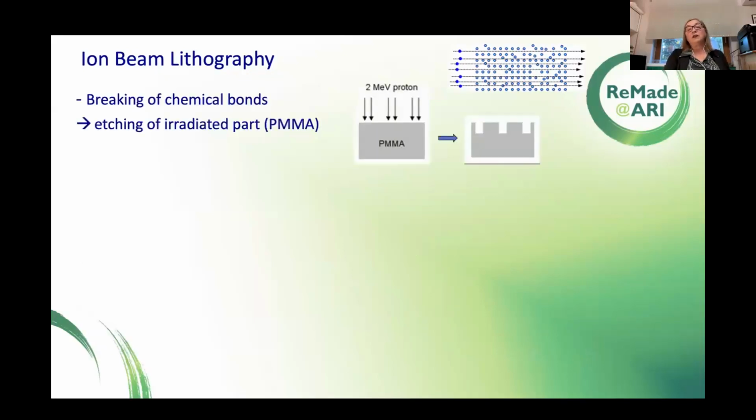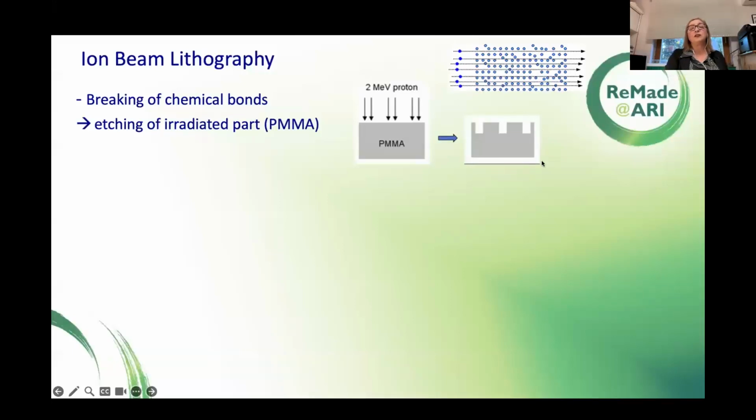So when you irradiate with high fluences of protons, let's say some PMMA, these plastic materials, you can break chemical bonds, and after etching, all this material will be removed. So you can get some structure like this.